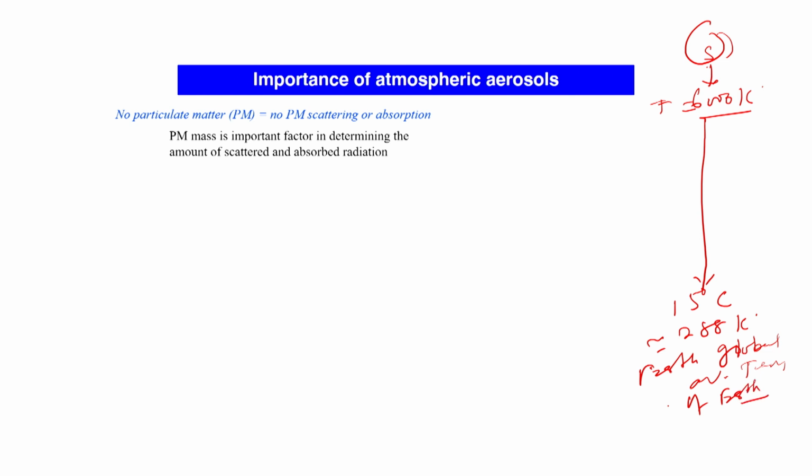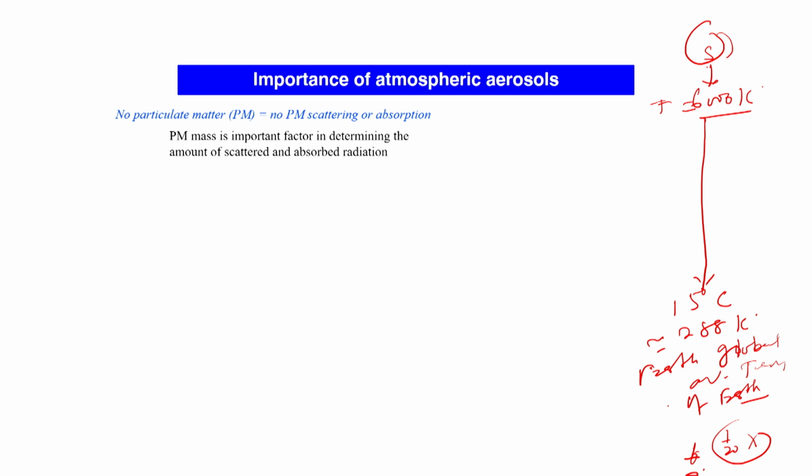Now imagine a situation, what is happening here from 6000 to 15 degrees centigrade. If you take it as about 300 Kelvin, there has been a 20 times reduction. The temperature itself has reduced 20 times. We know that sun rays are electromagnetic radiations.